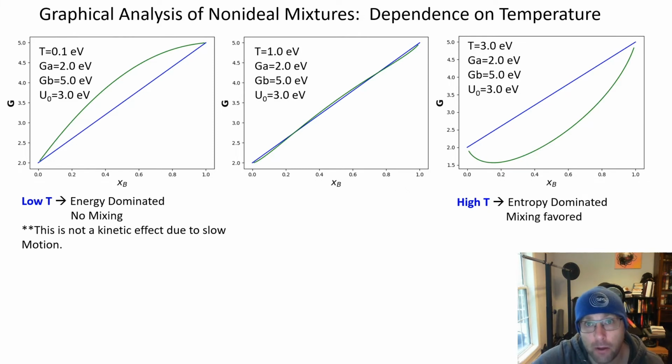In thermodynamics, we imagine that if things are happening slowly, we're going to wait and give them enough time to come to thermal equilibrium. This statement on the left is saying if you would wait for infinite time so that everything has enough time to come to thermal equilibrium, there's still not mixing in the low temperature case. So make sure you pay attention to what I just said.